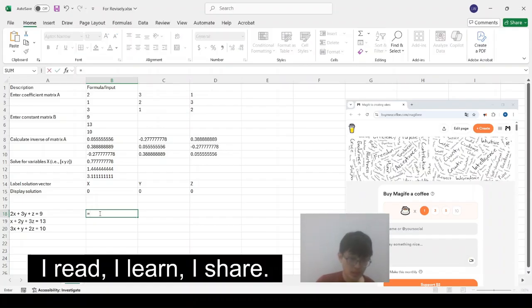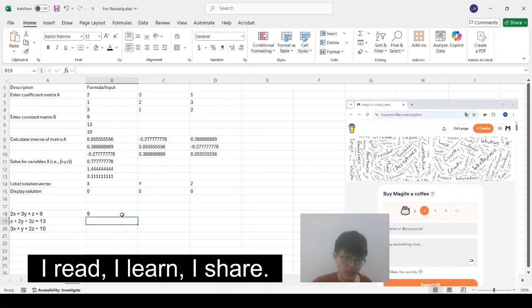Let's say equal to 2 times x plus 3 times y plus x. So yeah, it's equal to 9. So this is a simple one if you're using the Excel function.